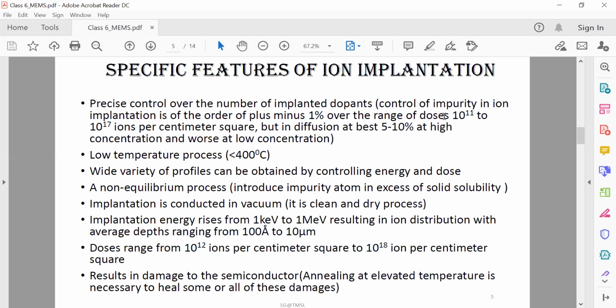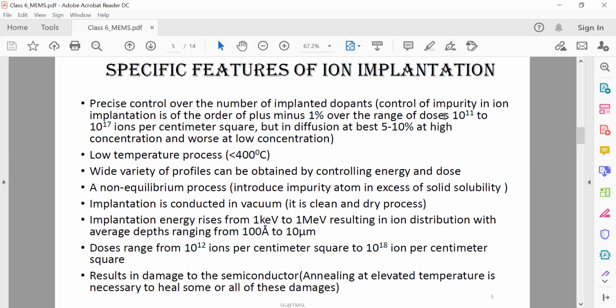But in diffusion it is at best 5 to 10%, at high or low concentration. That means you can get control of impurity atoms of plus or minus 1% in ion implantation, while in diffusion the control is 5 to 10%.